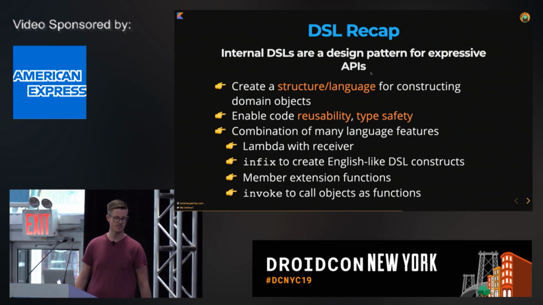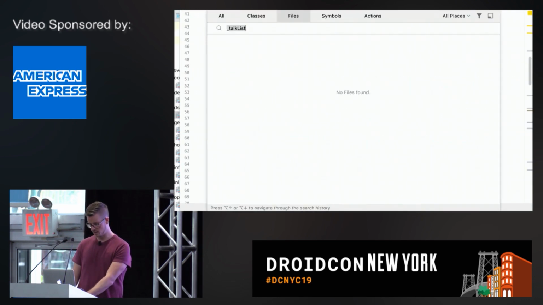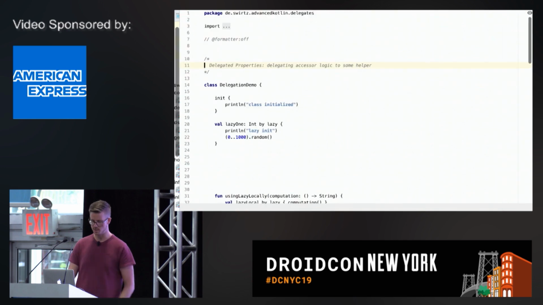So for example, we have an HTML DSL, which lets you write type-safe HTML. This is an idea that comes from Groovy, for example. Groovy also has that. And as I said, it lets you combine a number of language features.